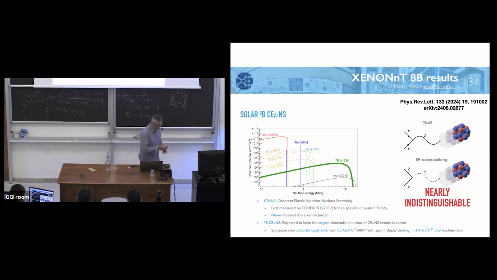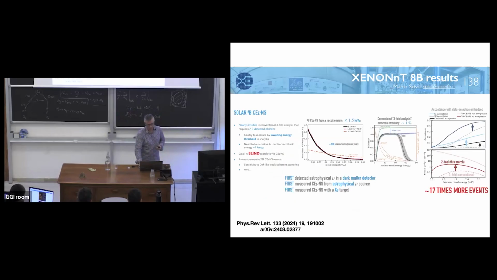The boron-8 neutrinos arrive at up to 15 MeV, and so they can induce a signal at the very low-energy end of xenon detectors. Indeed, to detect them, we lowered the threshold, in particular the S1 threshold, which is the more important one, from 3 to 2 photoelectrons.